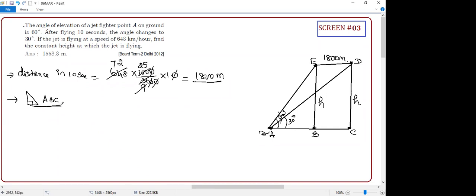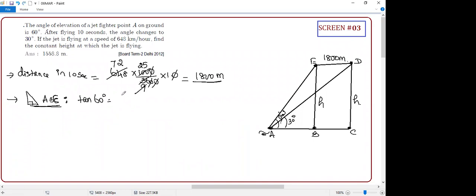Guys, first name the triangle, then which theta. In triangle ABE, tan 30 or 60, which is correct? Sir, 60.